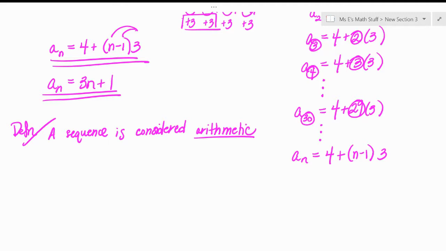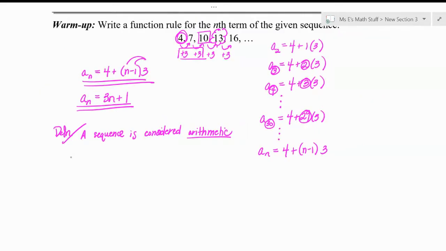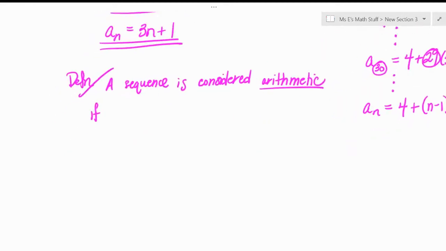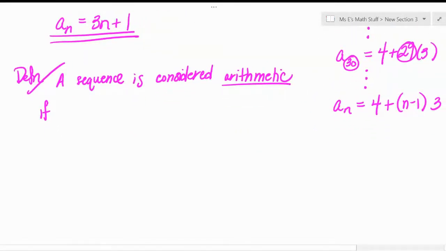Okay, it's considered arithmetic if there is a constant term, or not term, sorry, wrong word, constant value, that's what I meant. There we go. Constant value being added. Now this is going to have definitions within definitions.